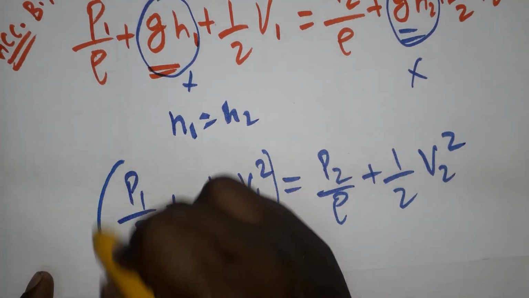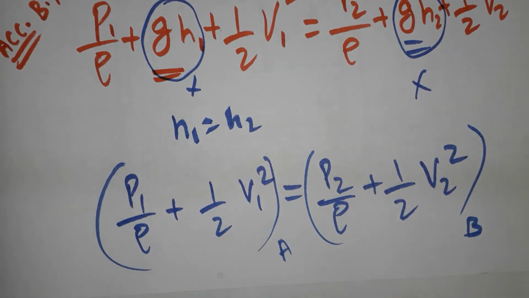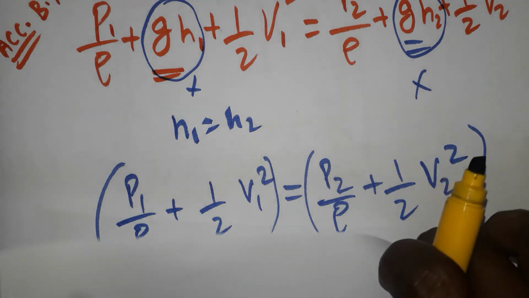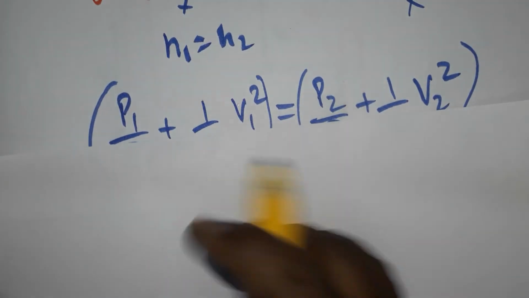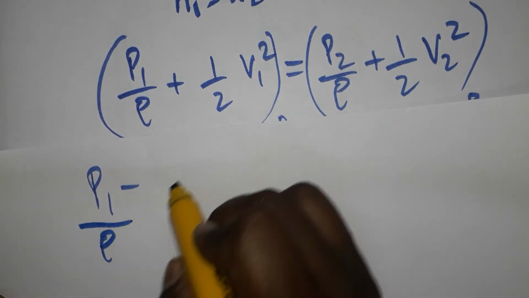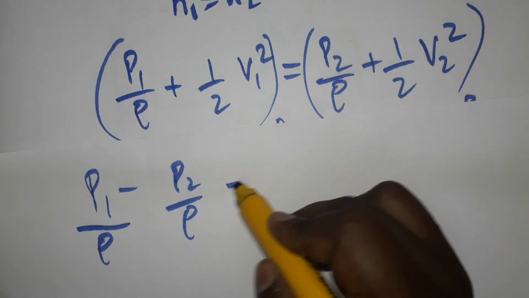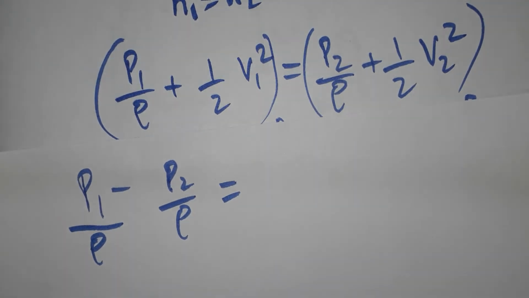This is the side of A, at the point of bigger area, and this is the side of B, at the point of smaller area. Now I am going to modify the equation. P2 I am bringing to this side. So P1 minus P2 divided by rho. V1 I am bringing to this side, so you will get a minus. The equation is going to change.